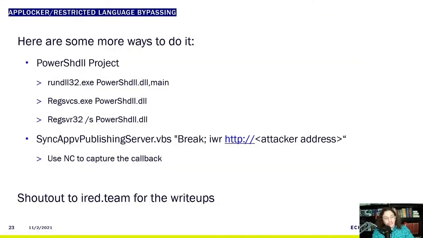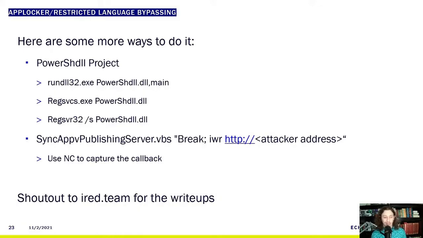So here are some more ways to do it. I don't want to get too deep in the weeds about this because we could go a whole hour just on building PowerShell itself. But there are projects out there like the PowerShell DLL project, which you can use with anything that executes DLLs. Or my personal favorite, which is the SyncAppvPublishingServer.vbs script, which is included by default as well.